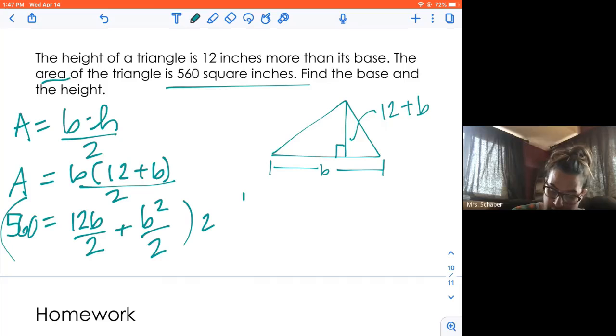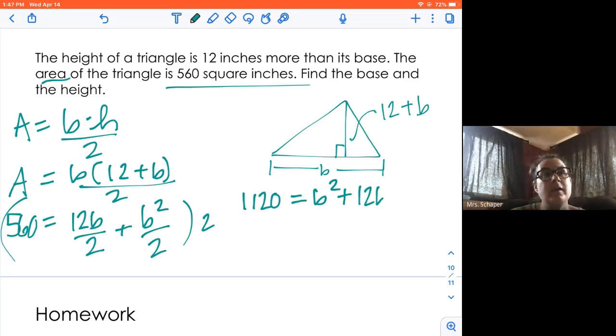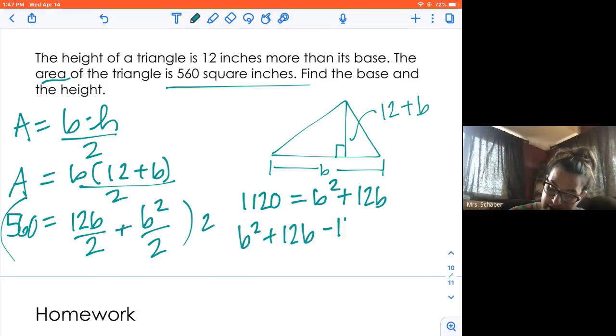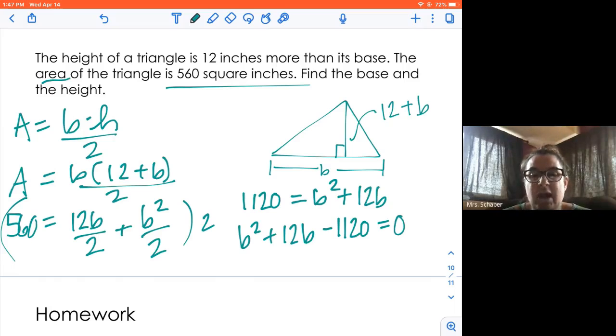So 1120 is equal to B squared plus 12B. All right, so B squared plus 12B minus 1120 equals 0. So now I have a choice here.